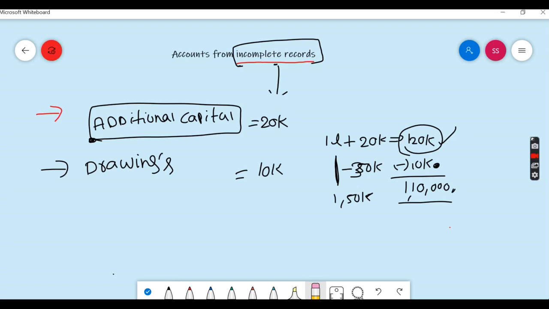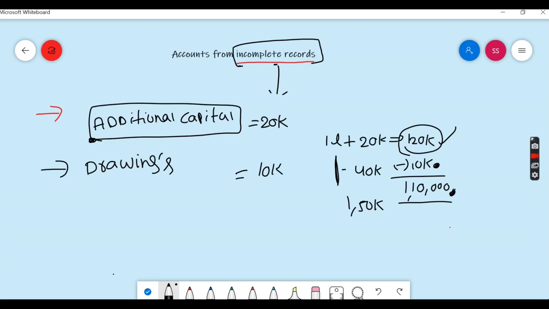So his profit again will change: 1,10,000 is the capital contributed and the closing capital is 1,50,000. So his profit is 40,000, because he contributed 1,10,000 in total and ended with 1,50,000.